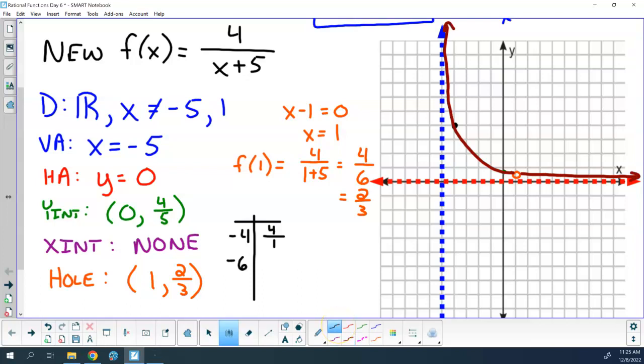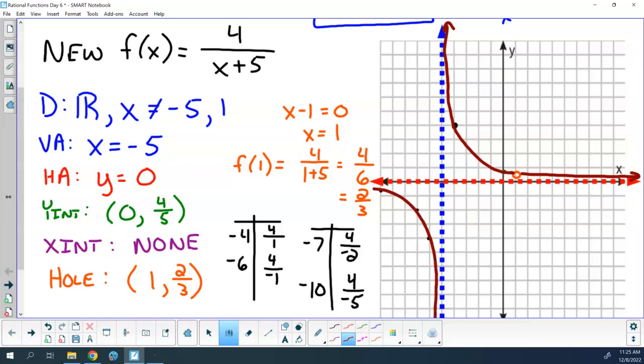So let's do -6. That would be 4 over -1, which is -4. Let's do -7. That would be 4 over -2, which is -2. Let's do -10. That would be 4 over -5. And that, ladies and gentlemen, is my graph.